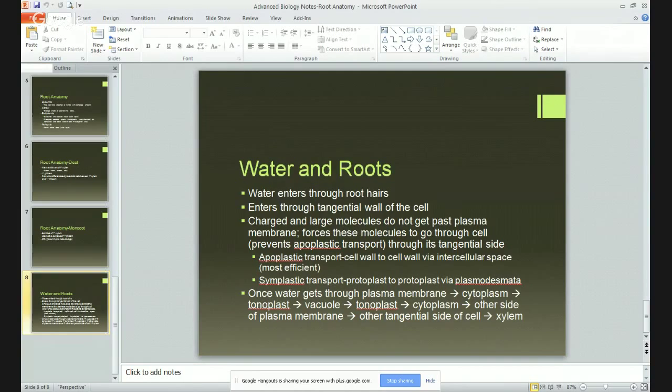So that's how water is going to travel through your roots and up. Now going backwards, the difference between apoplastic and symplastic transport, two different types.